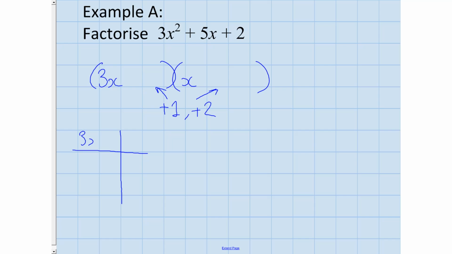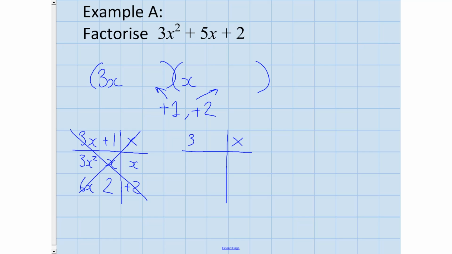So we'll try 3x plus 1 and x plus 2. 3x times x is 3x squared, 1 times x is x, 3x times 2 is 6x, and 1 times 2 is 2. You can see that one's not going to work because we've got x and 6x, that gives us 7x. So let's try it the other way around.